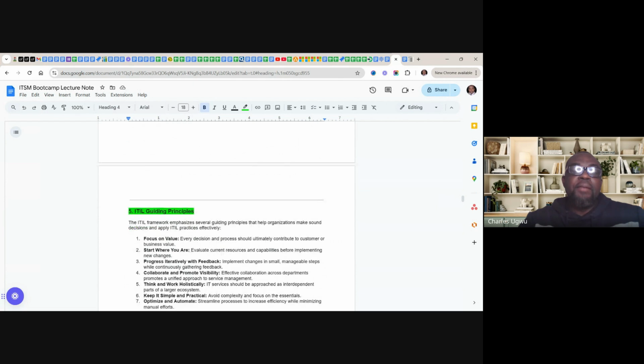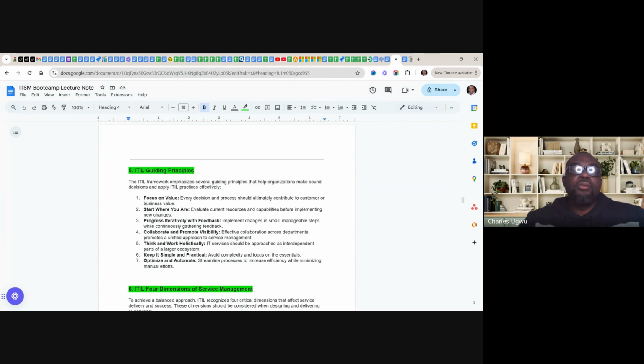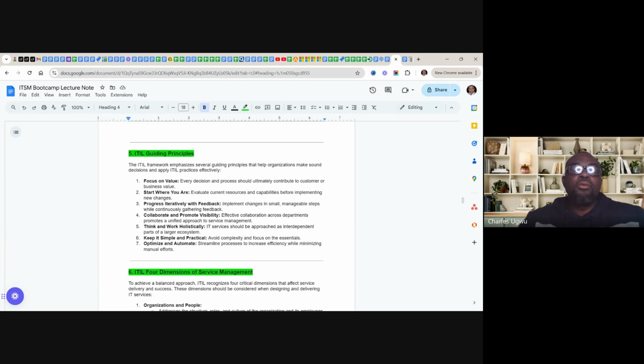Let's look at the guiding principles. Under the guiding principles, we have these 7 guiding principles. Focus on value, like we have already seen, everything is all about value, value, value. Focus on value: every decision and process should ultimately contribute to customer or business value.